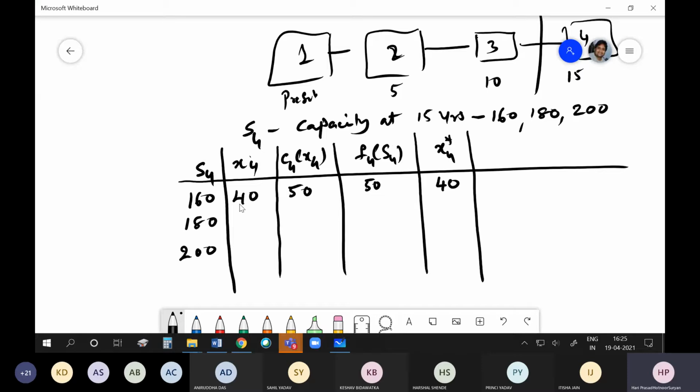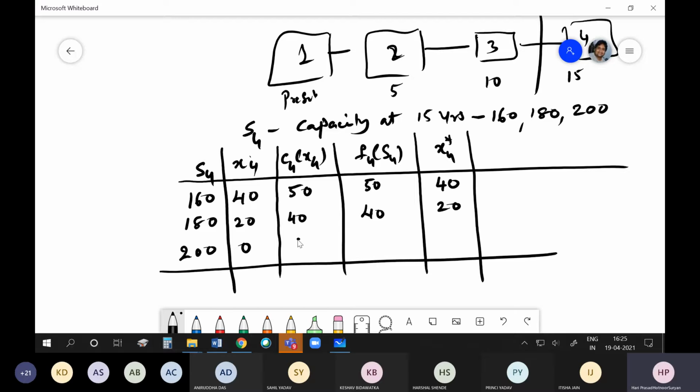If I have 180, what will be X4? 20. I have 180 units at the end of 15 years, but I have to get 200 units, so it will be 20. What is the present worth for that? 40. If I have 200, there is no need to increase anything. So this is 0, 0, 0.